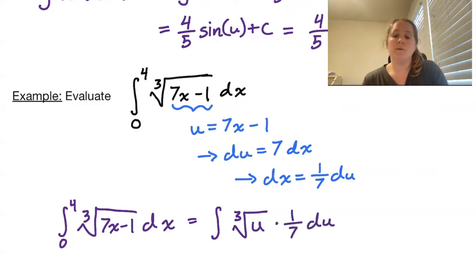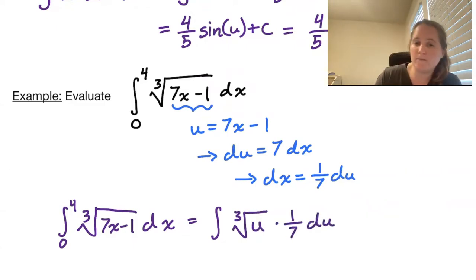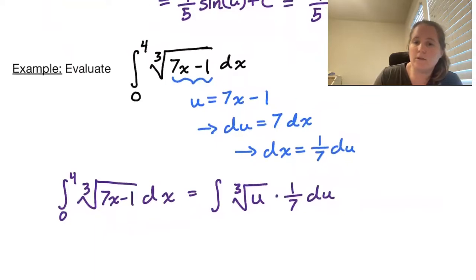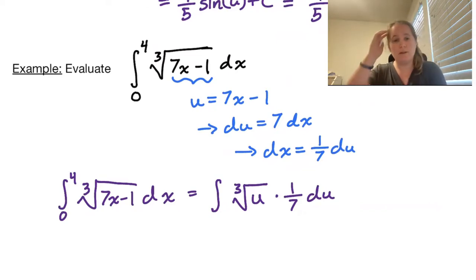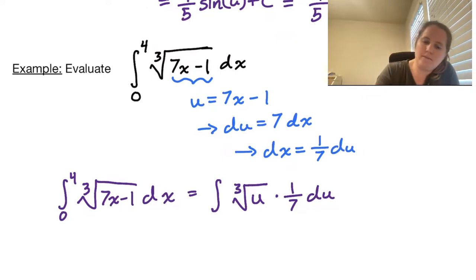And then the bounds we're going to have to convert as well. So we have a choice here. You can either convert the bounds here, or we can convert back to x and plug in. That's up to you. Personally, I would just convert the bounds here.